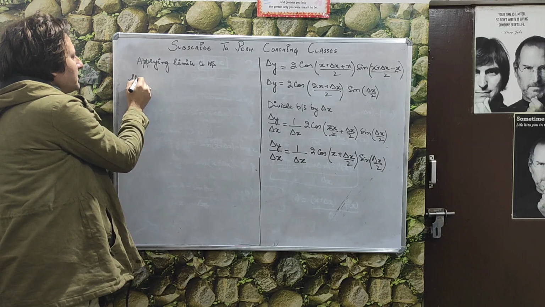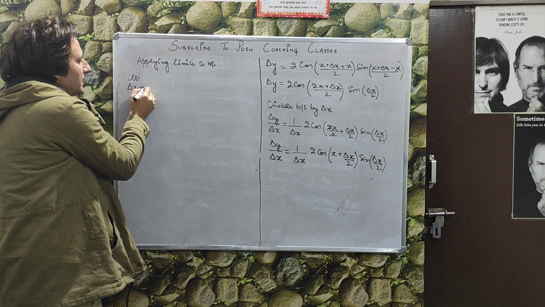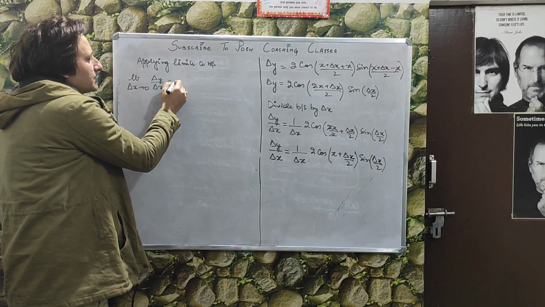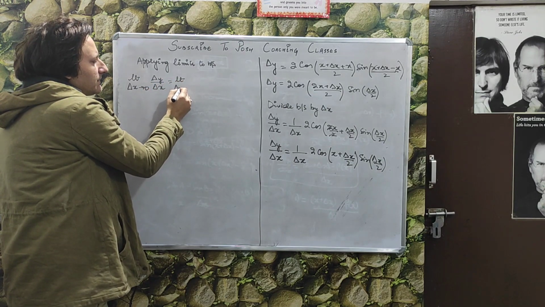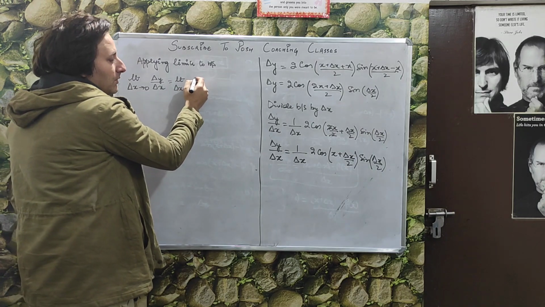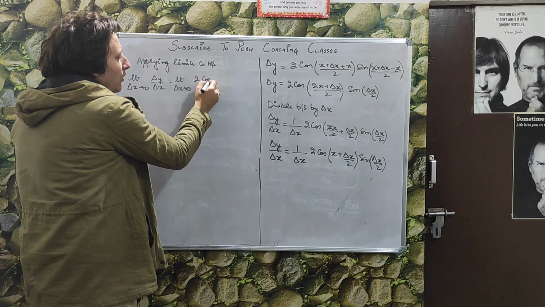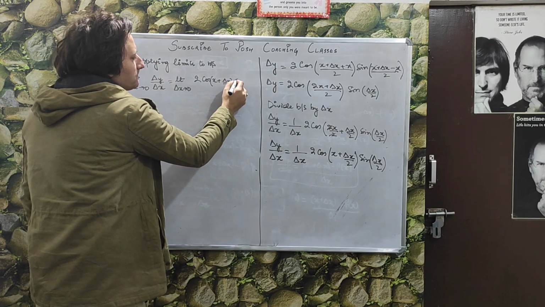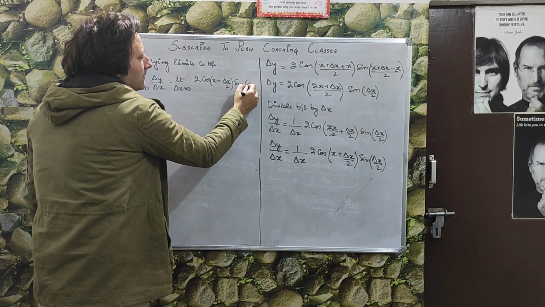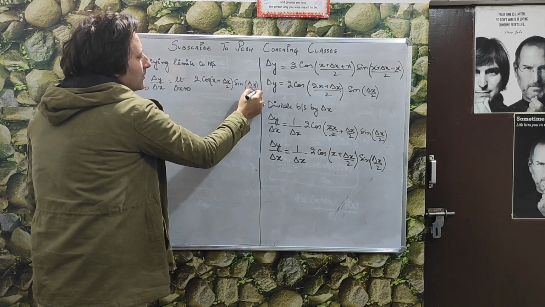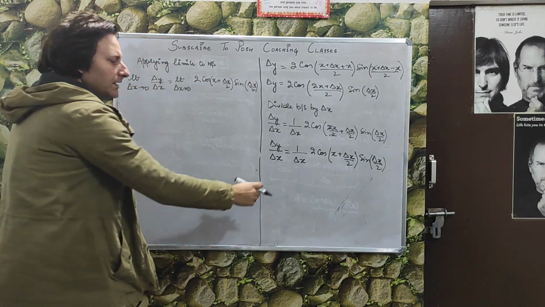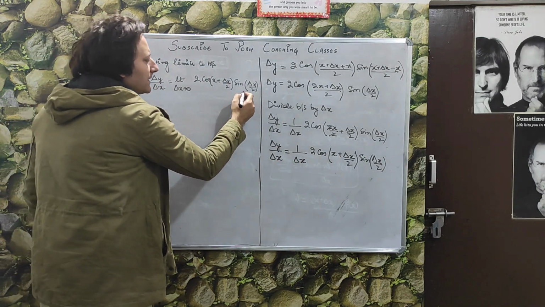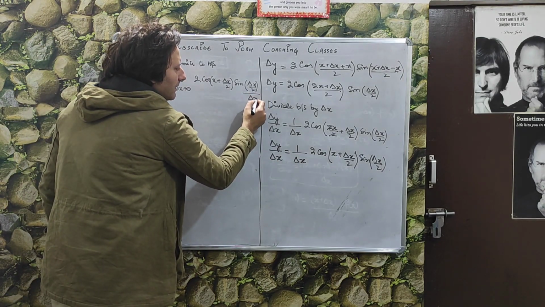It is limit delta x tends to 0, delta y upon delta x is equal to limit delta x tends to 0 twice cos (x plus delta x by 2) sine (delta x by 2). But I forgot one thing, that is delta x, which is in the denominator. So I will take the delta x and write it here.